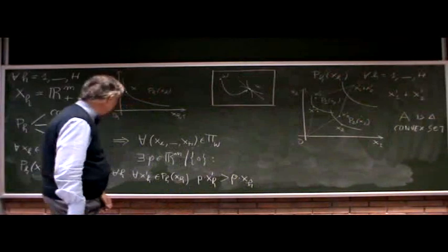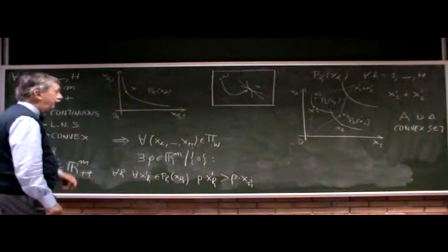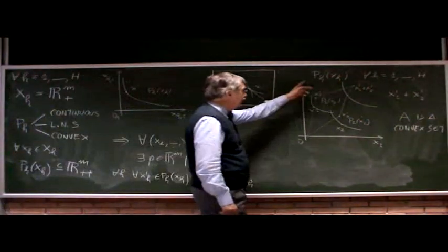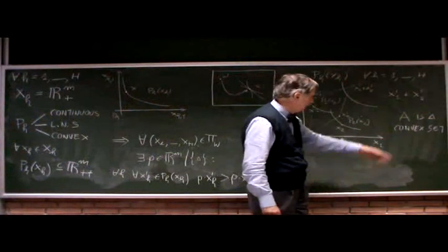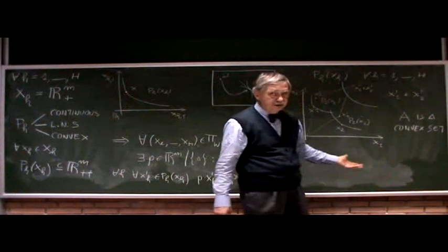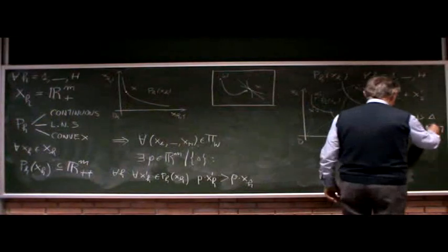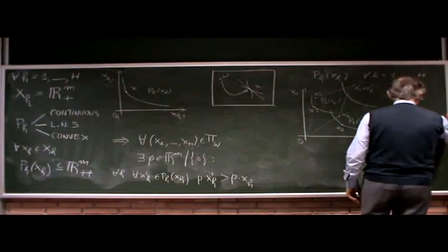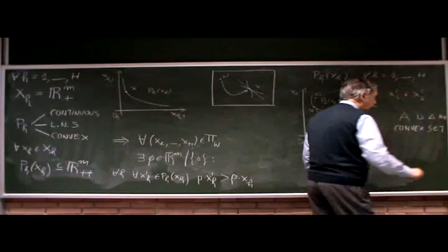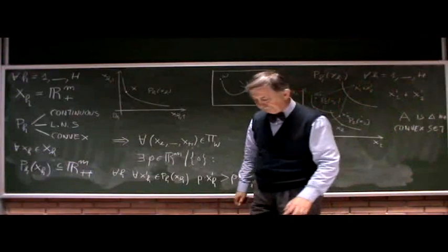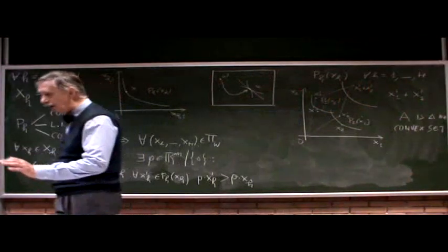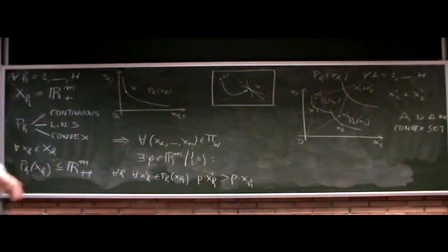And moreover, since by local non-saturation all these sets are non-empty, also A is non-empty. So it is a non-empty convex set. Is it clear? Well, this is the first step in the proof of the second theorem.